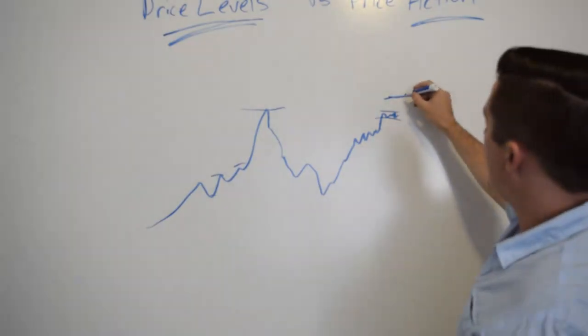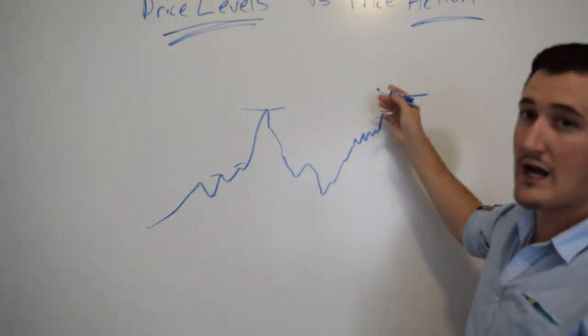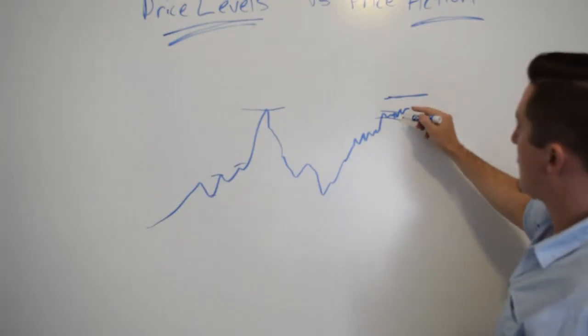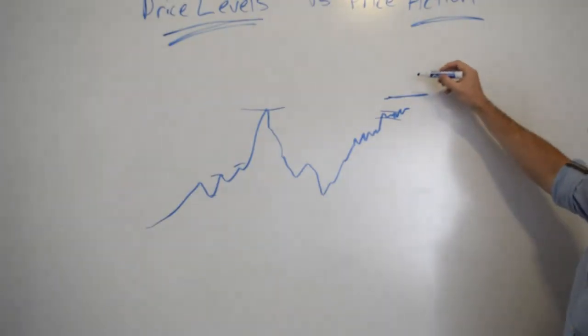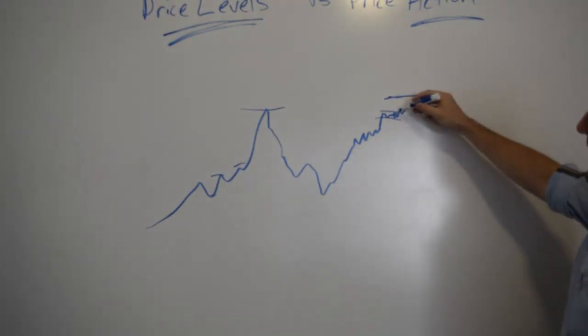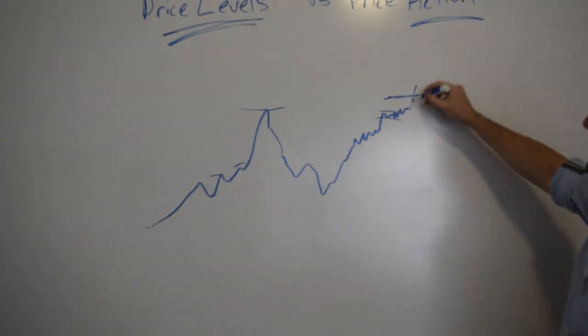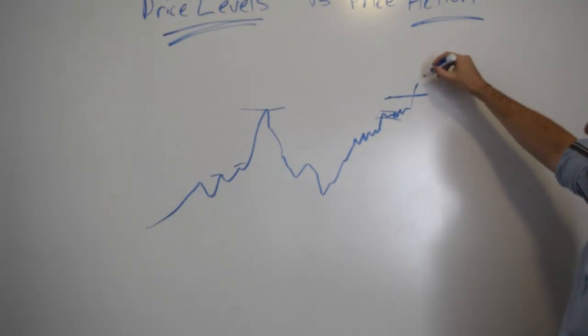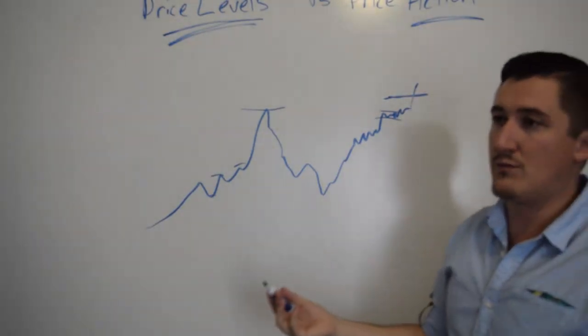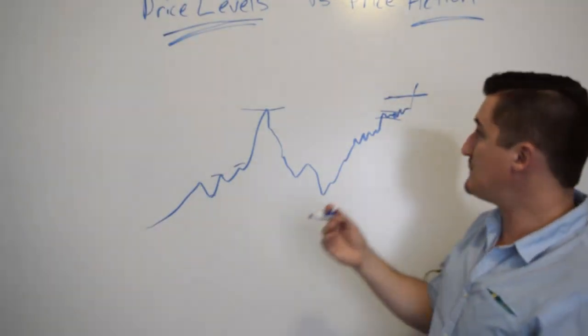Some people will put pending orders in the market to sell at this level no matter what. But what's happening when the price is ranging right before a level like this is typically we're gaining steam to break through, and either continue and break out, or do what would commonly happen as a false breakout.